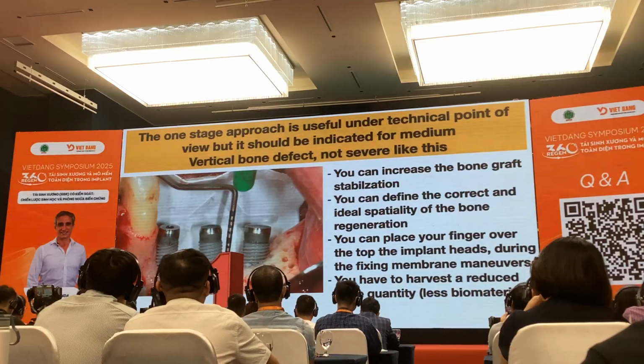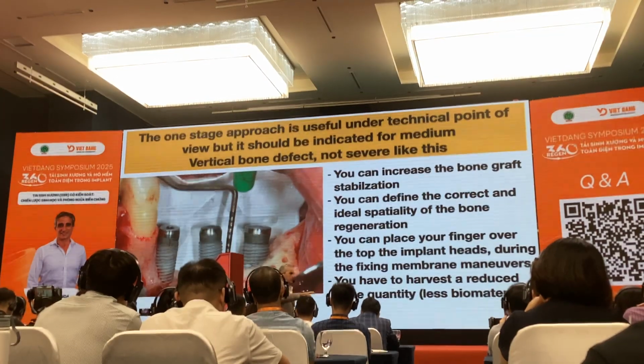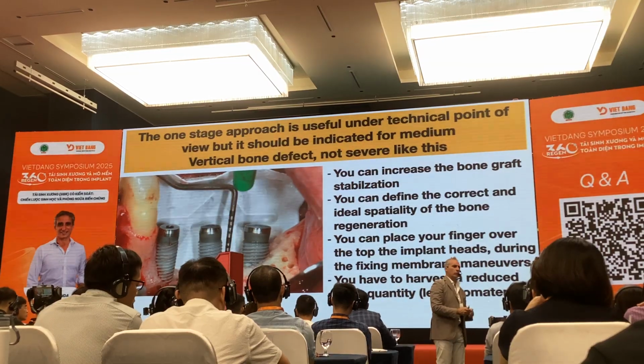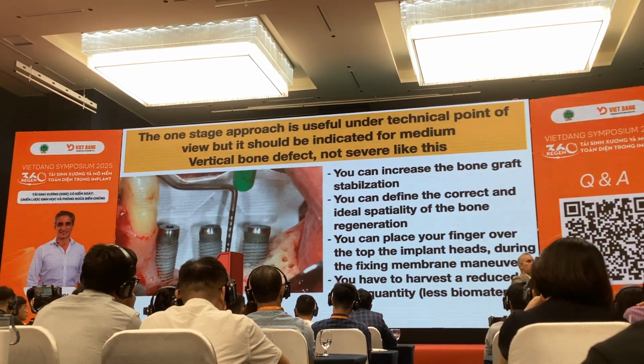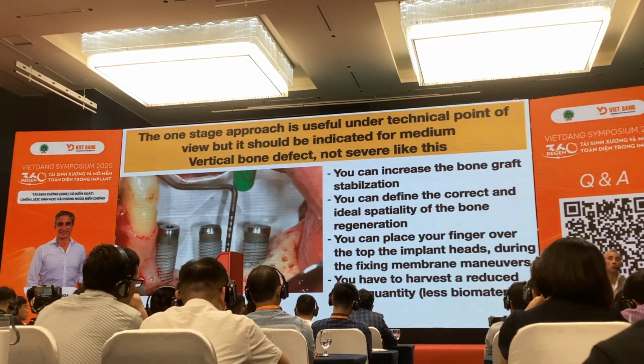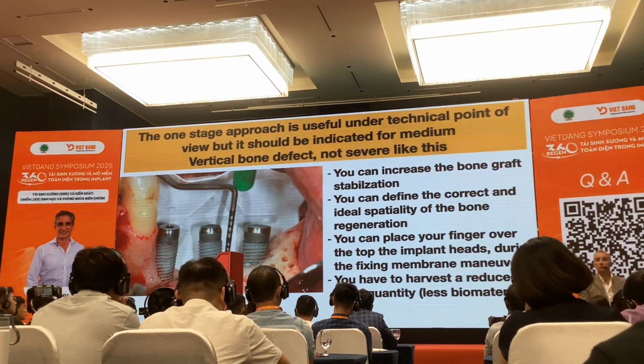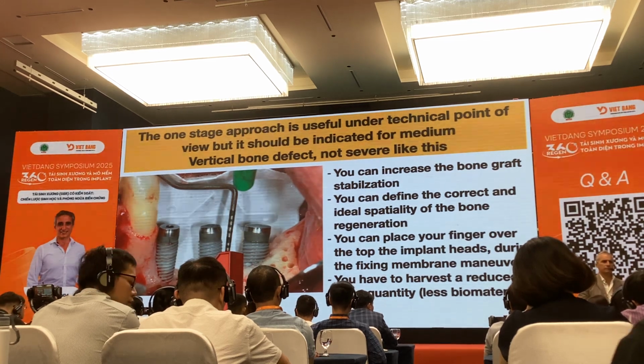But why is it so important to define the ideal spatiality of the bone regeneration? Because you could say, but for me it's important to have the bone. Then inside the bone I place the implant. For me, such spatiality is not important.